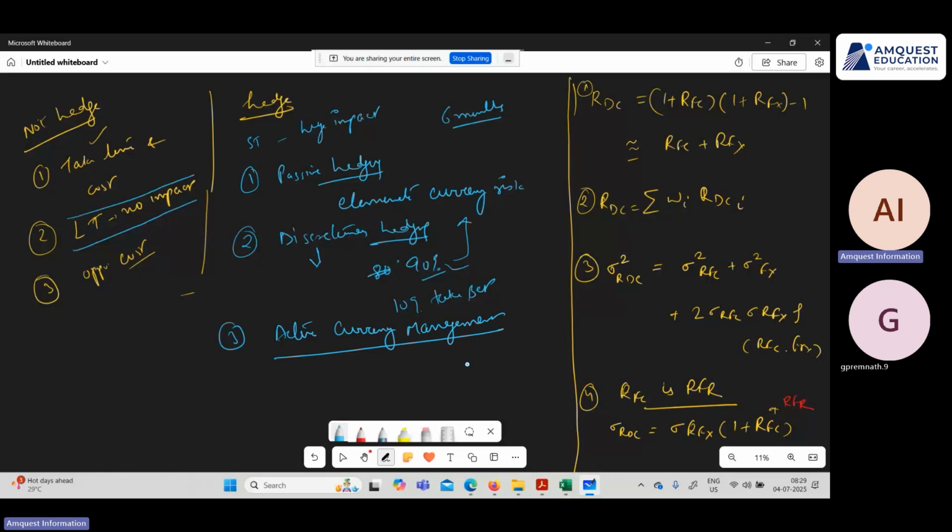Obviously, the motivation of active currency management is not to reduce risk, but to generate alpha, which makes sense. The name explains, right? So basically, I'll have more deviations from the benchmark. Is that okay? Clear, not clear? Are you there?